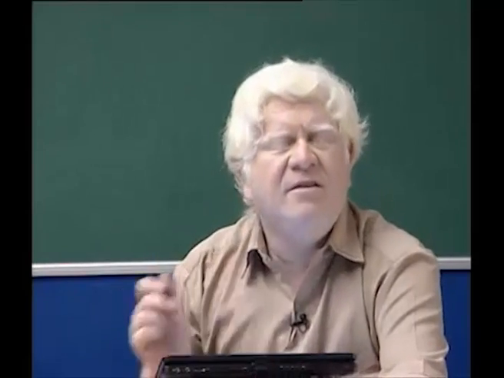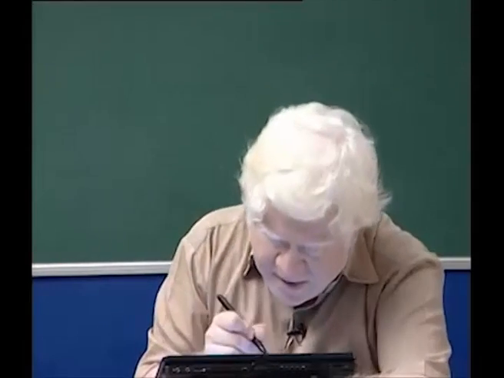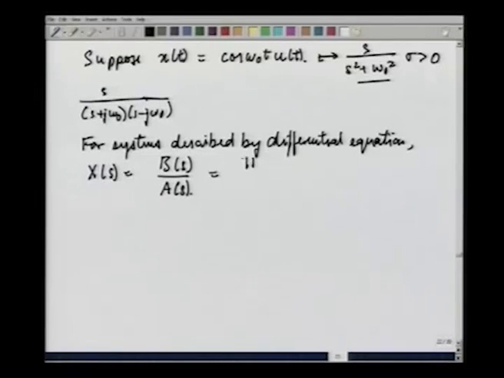Now, so long as it is in rational polynomial form, then there will always exist a certain factorization: the product over k equals 1 to m of (s minus zk), over the product over k equals 1 to n of (s minus pk).